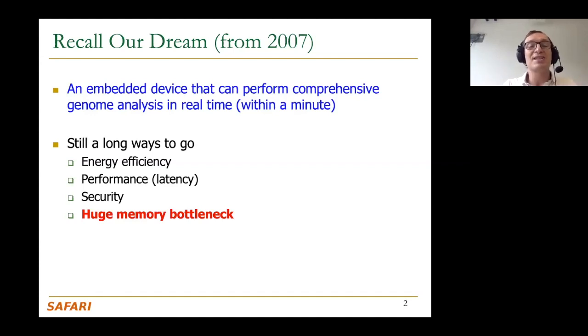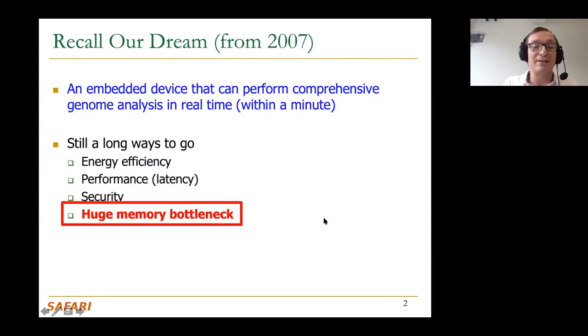The problem happens when data moves around, and while the data is moving around and being processed, information gets leaked from that data to people who should really not have access to that information, right? So data movement is actually a security problem as well, and a privacy problem as well. If we can somehow constrain the data movements by solving the memory bottleneck, we can potentially improve the security and privacy of our devices too.